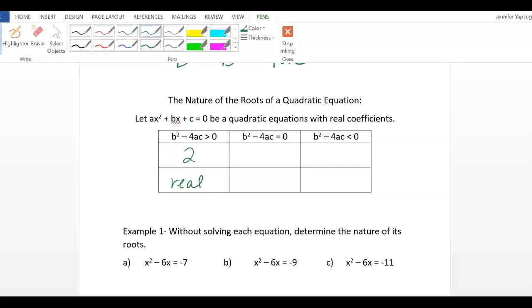If the discriminant ends up being equal to 0, we know that you are going to have one distinct real solution.